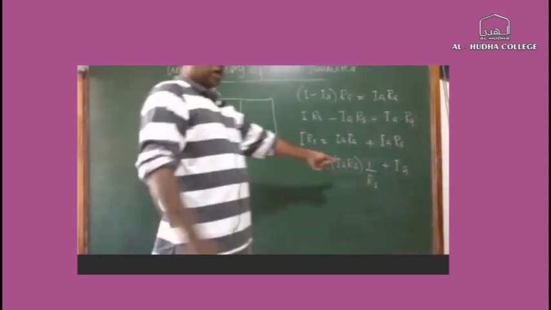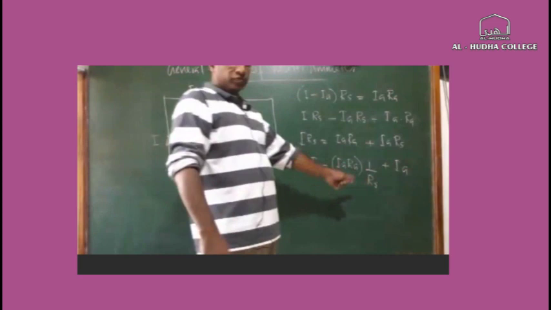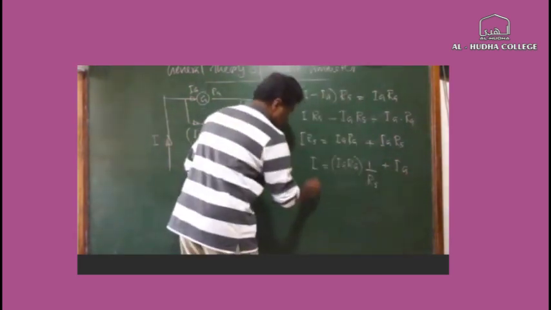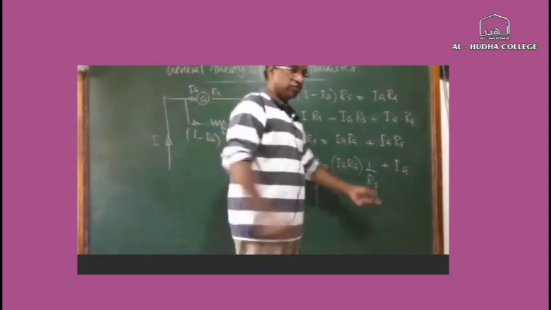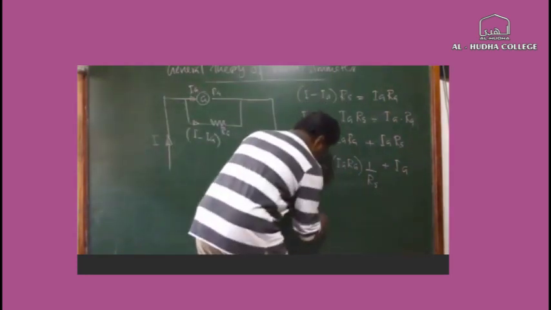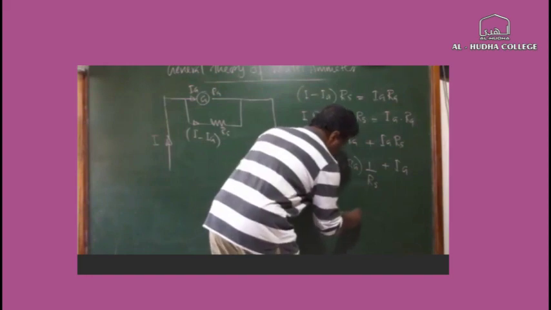And you know that Ig and Rg are constants, because Ig is also the full scale deflection current for the galvanometer. So that is constant, this is also constant. So this is the current to be measured. Now this is the shunt we had used. So if you draw a graph between 1 upon shunt resistor and current, it comes as y equals mx plus c.